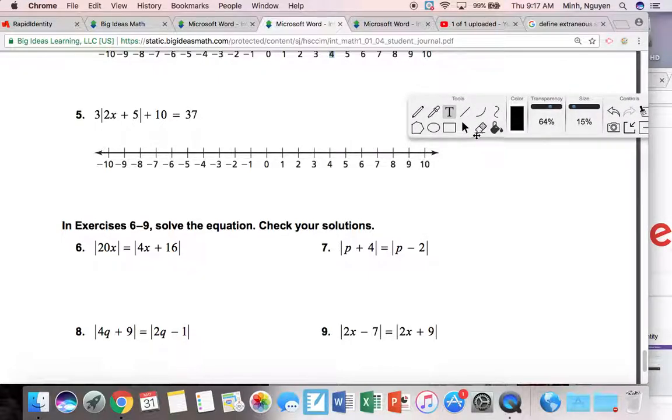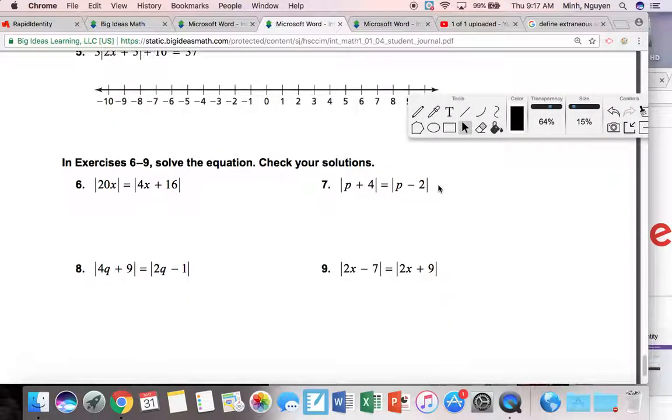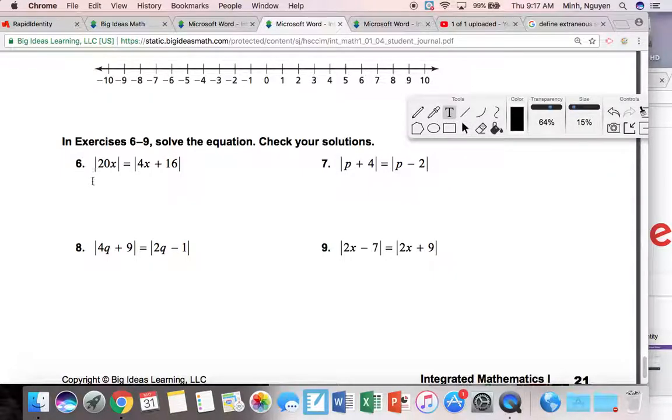Moving on. Again, I'll write these out, just for example: 20x equals 4x plus 16. 20x equals negative (4x plus 16). Remember, we have to put it in parentheses when we have more than one term. You have to make the whole thing negative.